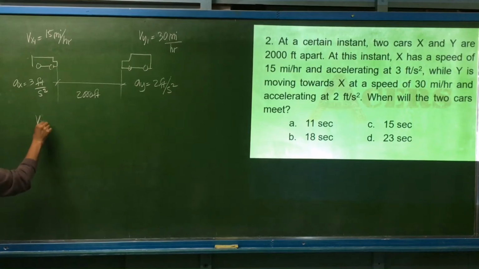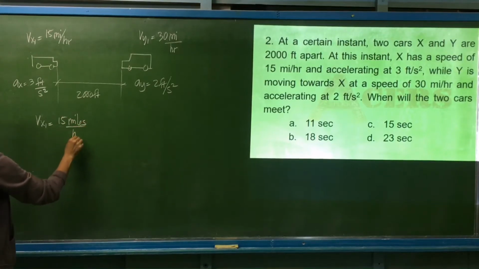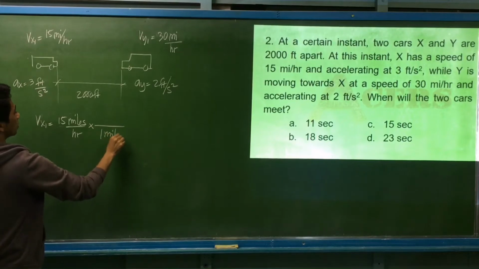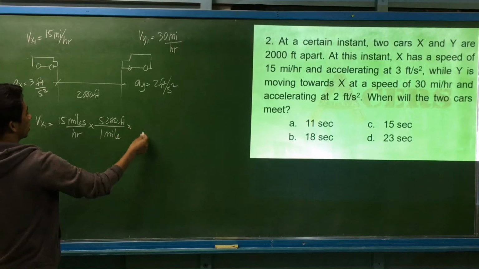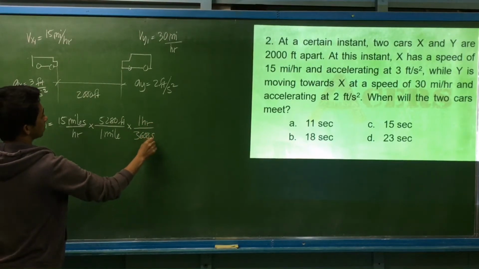So we are to convert the miles per hour. For example, the initial velocity of car X is 15 miles per hour. This is multiplied by 1 mile is equal to 5,280 feet, multiplied by 1 hour is to 3,600 seconds.